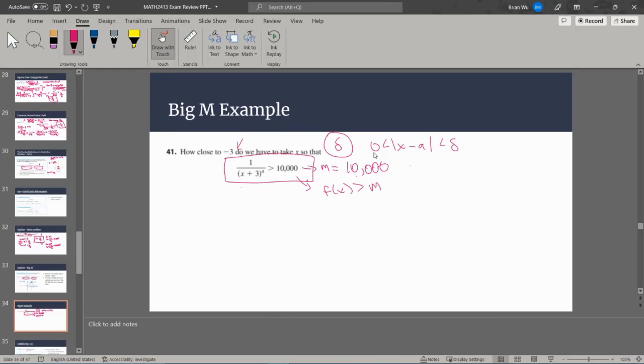So what we have to do is make this function look like our delta inequality. So this would be the absolute value of x plus 3 is less than delta. And if we want to isolate this x plus 3, we're going to have to play around with the inequality.